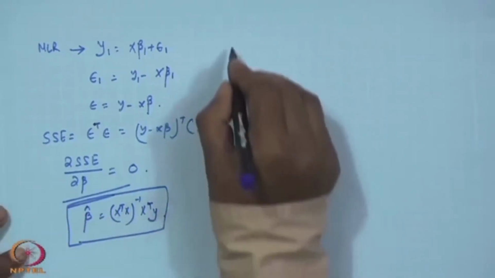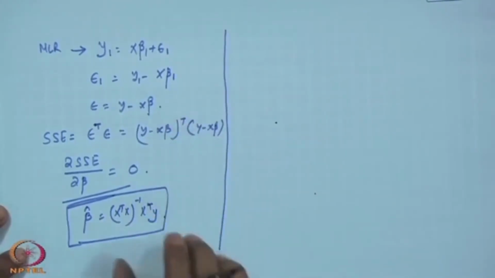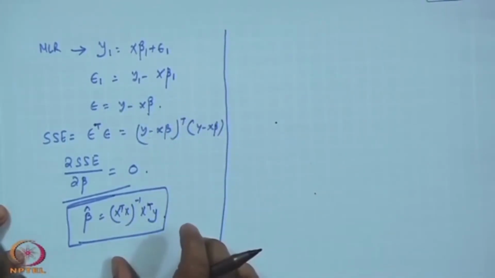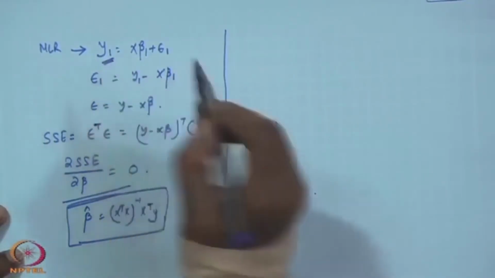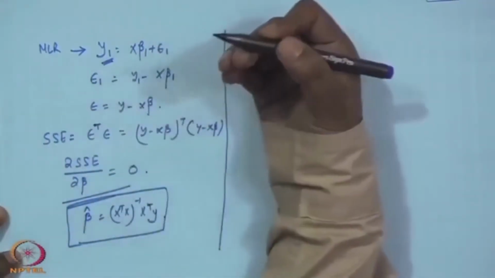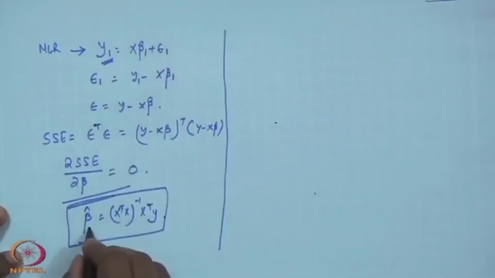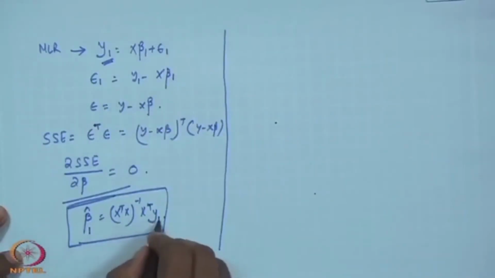This is in terms of MLR, multiple linear regression. Now, if we consider y1 and want to keep that notation, then this will be beta 1 and this will be y1. The X part remains the same, because in multivariate regression also the x part is unchanged; the y part has additional y's, that is the issue.